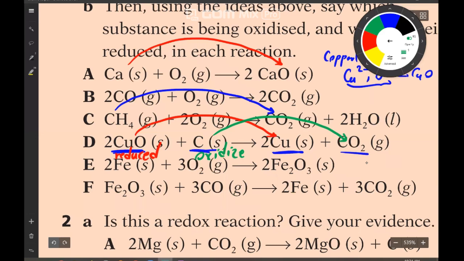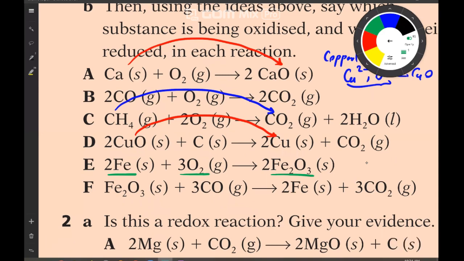It says 2Fe. Let me delete this part. We have 2Fe reacts with 3O2 gives you Fe2O3. At the left side, Fe is iron, reacts with oxygen. What is Fe2O3? What's the name of that?